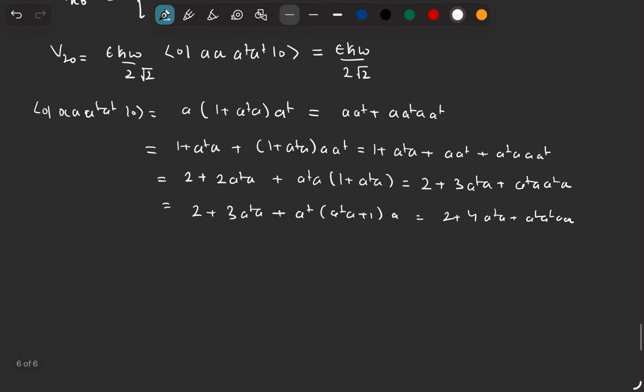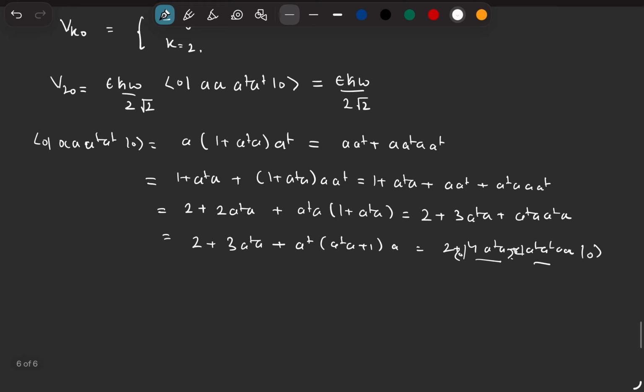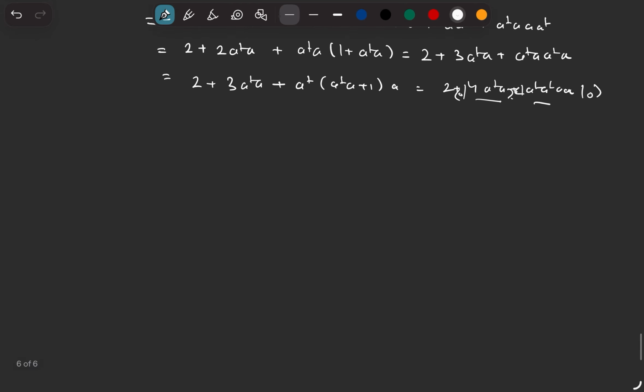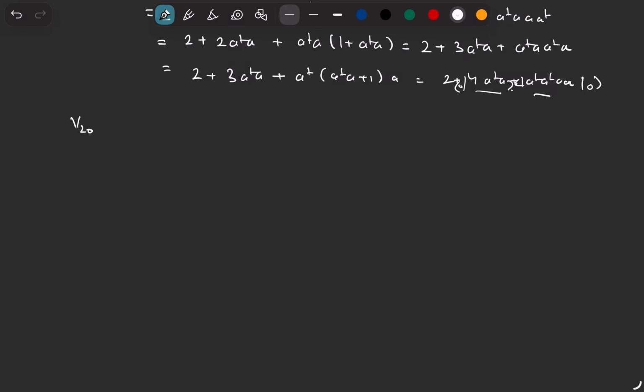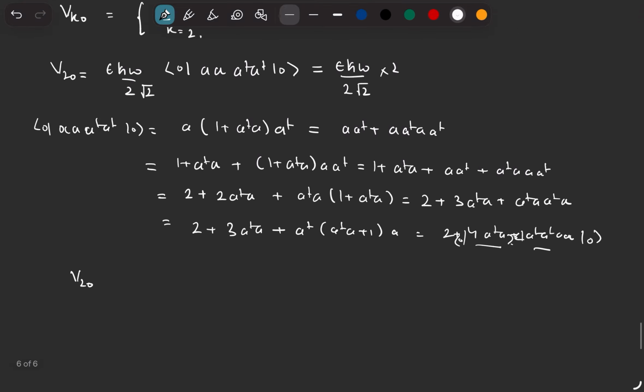But now the last two are in normal order, so if you take the expectation value, they will be 0 and only 2 will be left here, so you have to just multiply by 2 right up there. So I think v20 would be nothing but epsilon h bar omega by 2 square root 2 multiplied by 2, I believe.